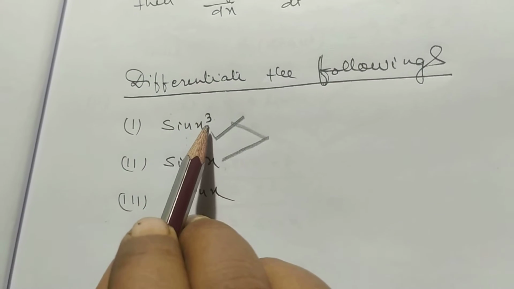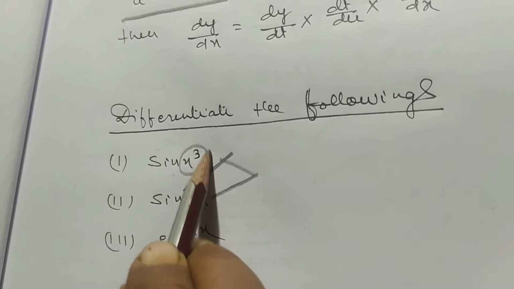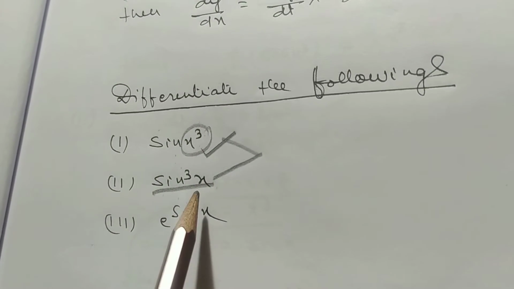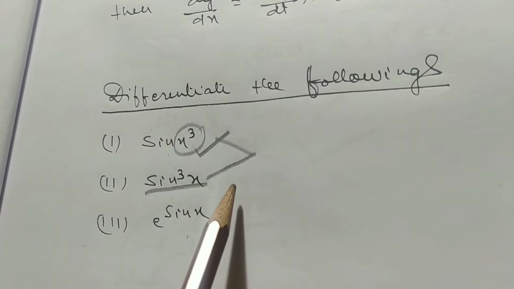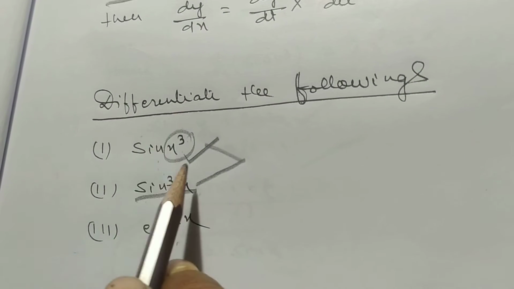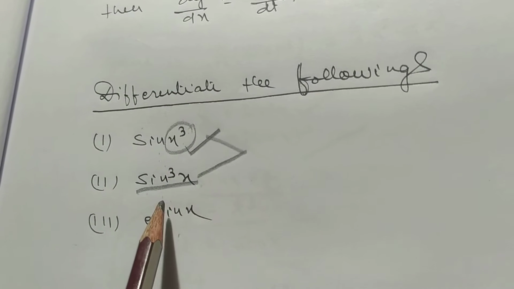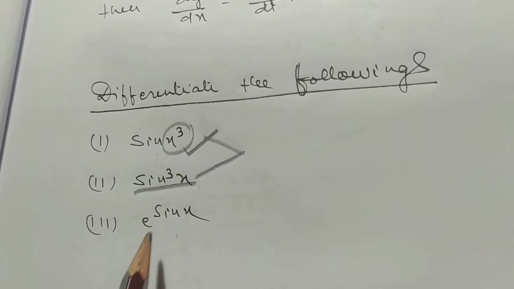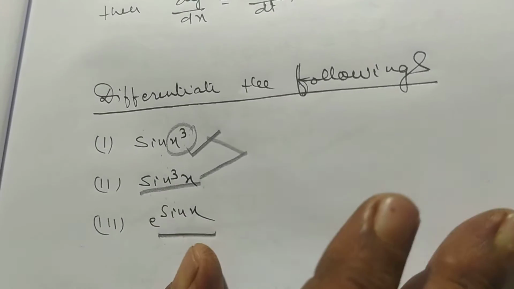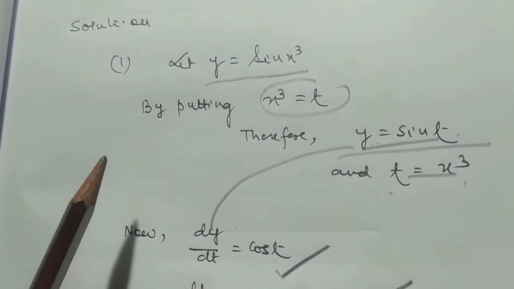The sine of angle x cube means the angle is x cube, and sine cube x is the product of sine x into sine x into sine x. So this is the difference between sine of angle x cube and sine cube x. Third problem, e to the power sine x. Now I want to solve one by one.